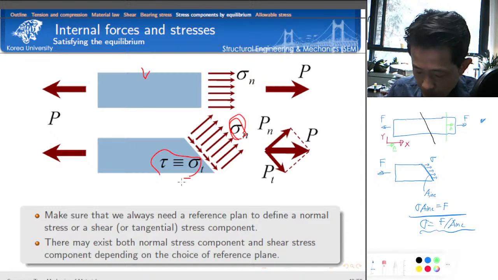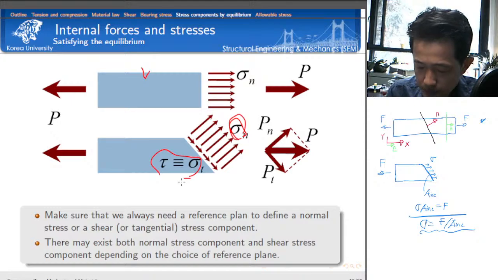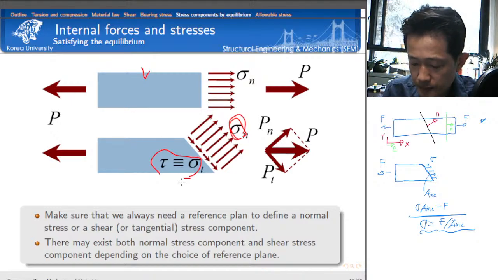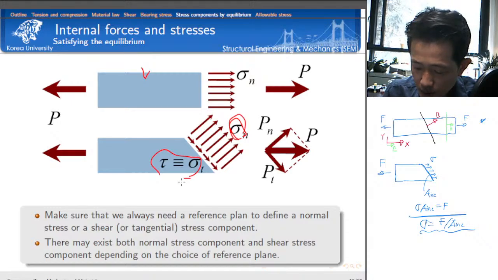For this inclined cross-section, if you have any arbitrary cross-section, this is the normal, right? This is another normal here. Because we have this normal, we can introduce another coordinate system like this: x prime. Prime means this is different from the original one.